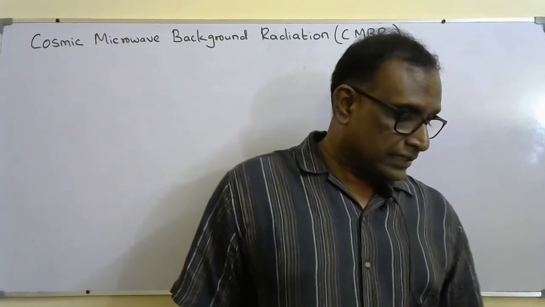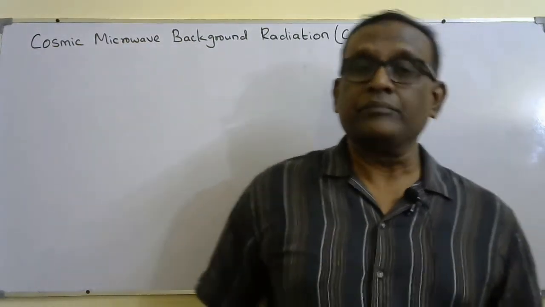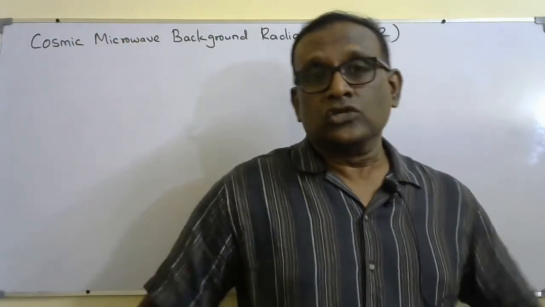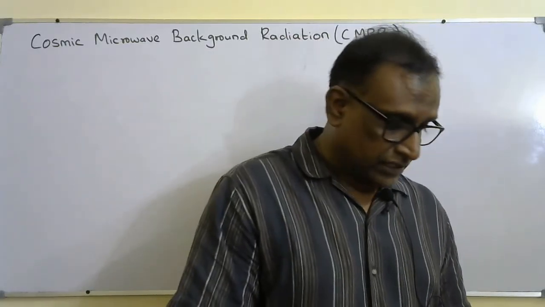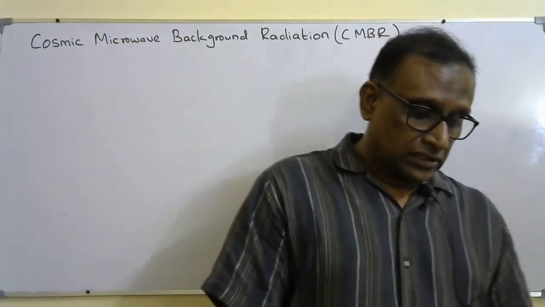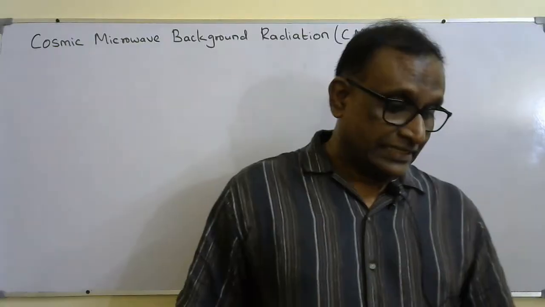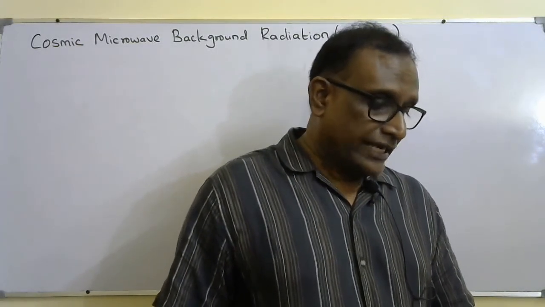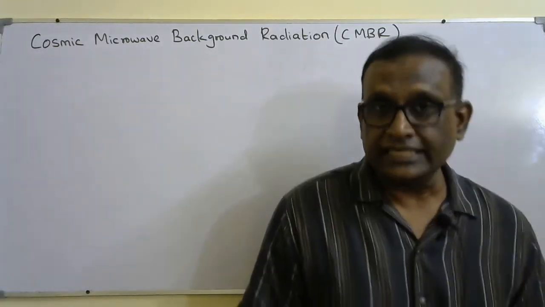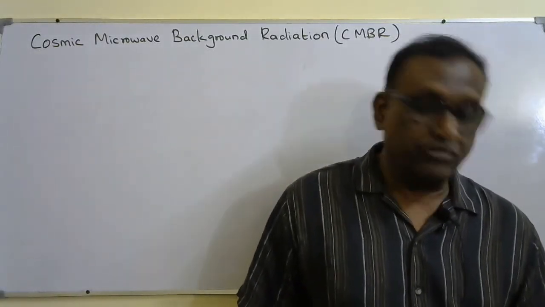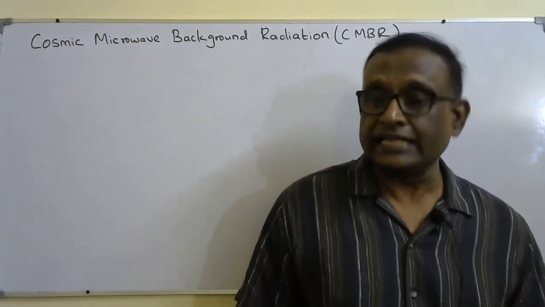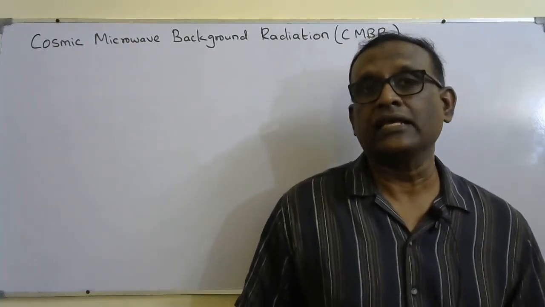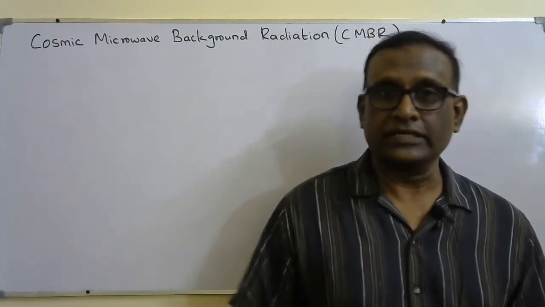after almost 38,000 years from the Big Bang, the universe consisted of dense plasma. Then when it cooled down after 38,000 years, it formed electrons and protons, but they were coupled together strongly.